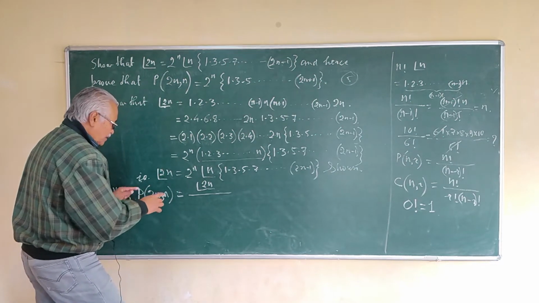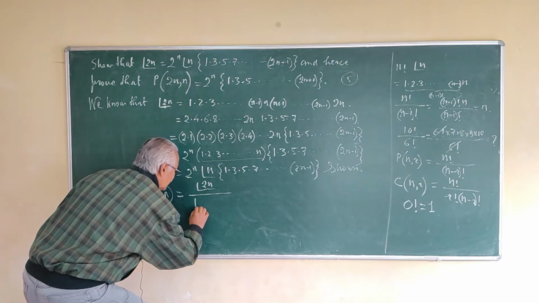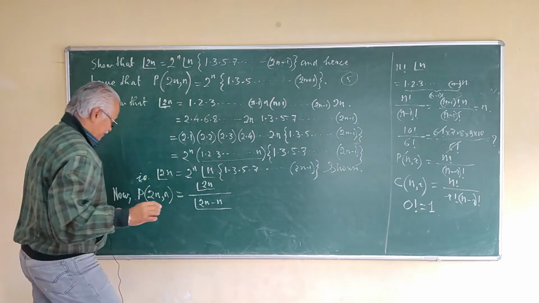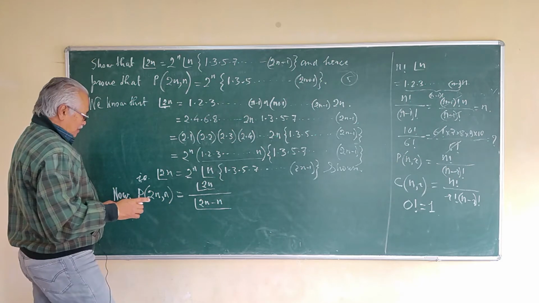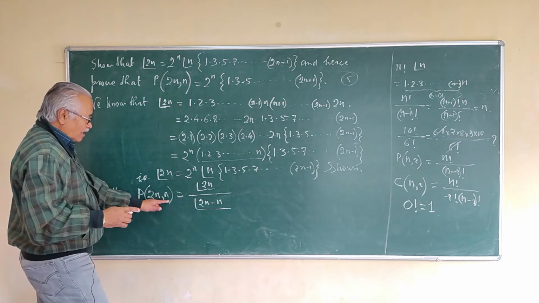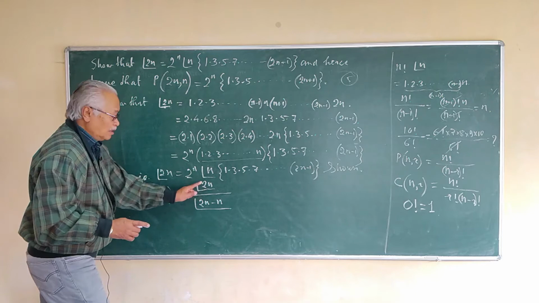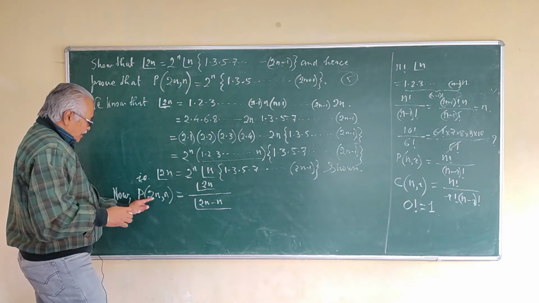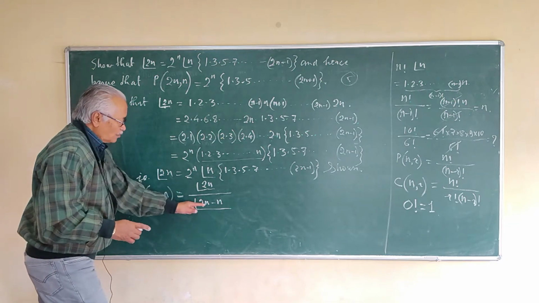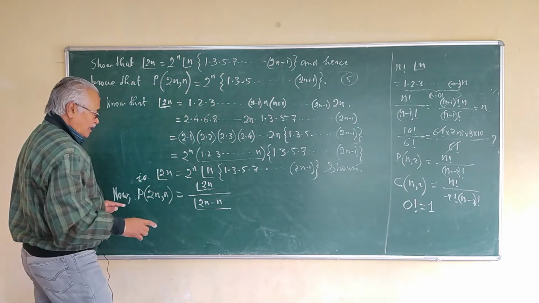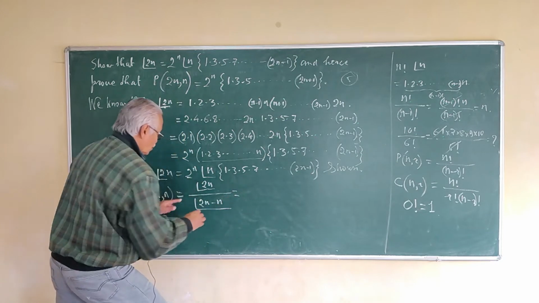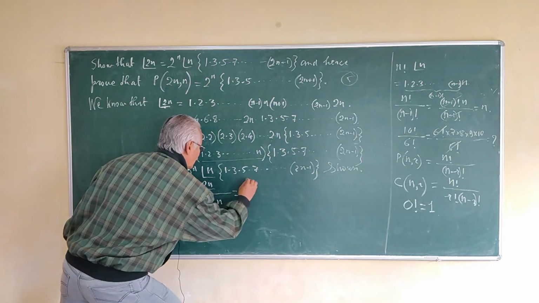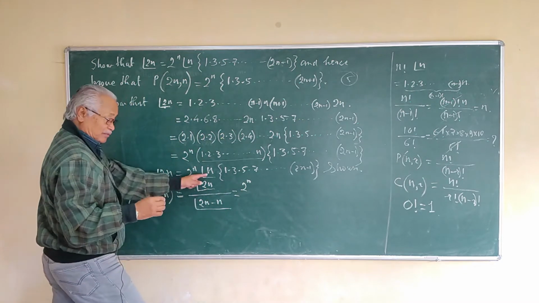And then down there it will be twice n minus n. Is that right? When it was P n r, we have written n factorial over n minus r factorial. So when it is twice n, we will follow the same thing. Now what is the result? You know that twice n factorial we have already written like this, so you will have to take the trouble of writing that one.